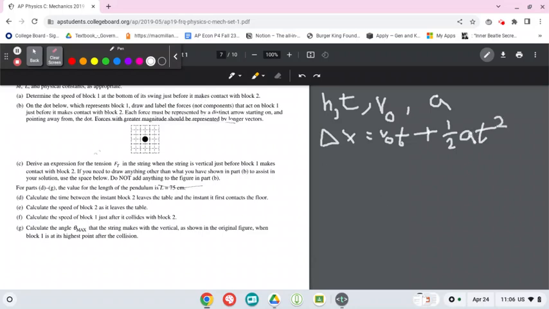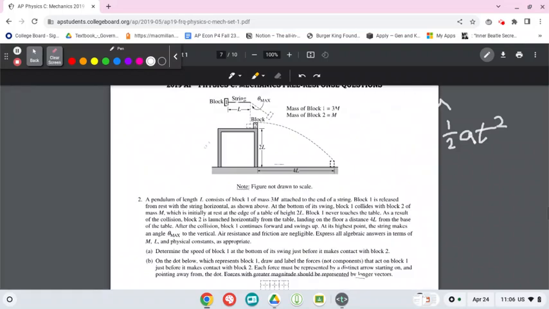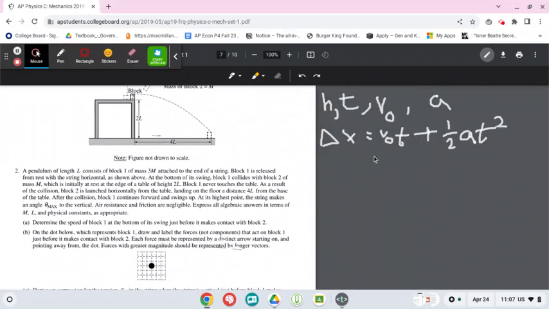So delta x is going to be the distance. We're looking at the vertical component only, so from here to here, the vertical component is going to be negative 2L, because it went down by 2L.